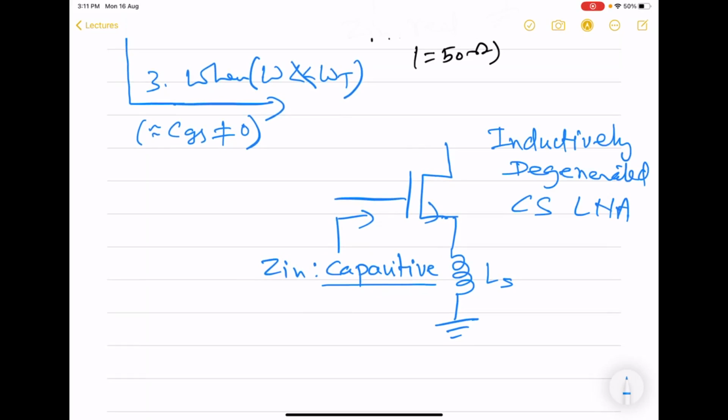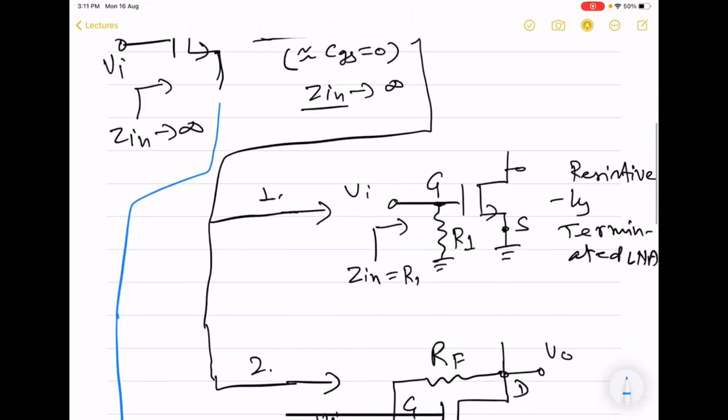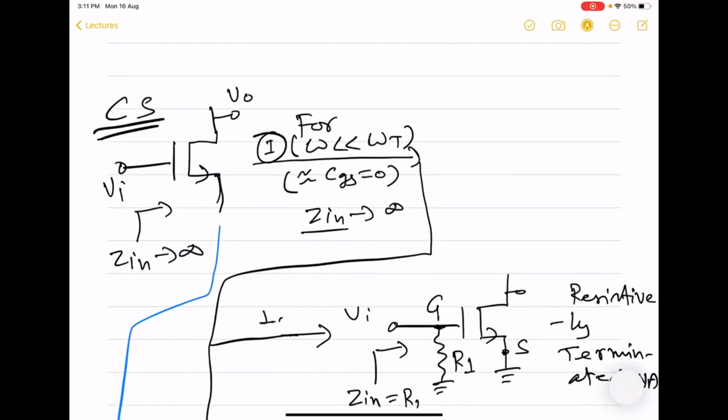And once we do this, this new Z in, or degenerated case Z in, we will see that it will turn out to be real. And then of course you can make it equal to 50 ohm by suitable choice of parameters. So these are the three ways in which one can modify a well-known common source amplifier into an LNA.